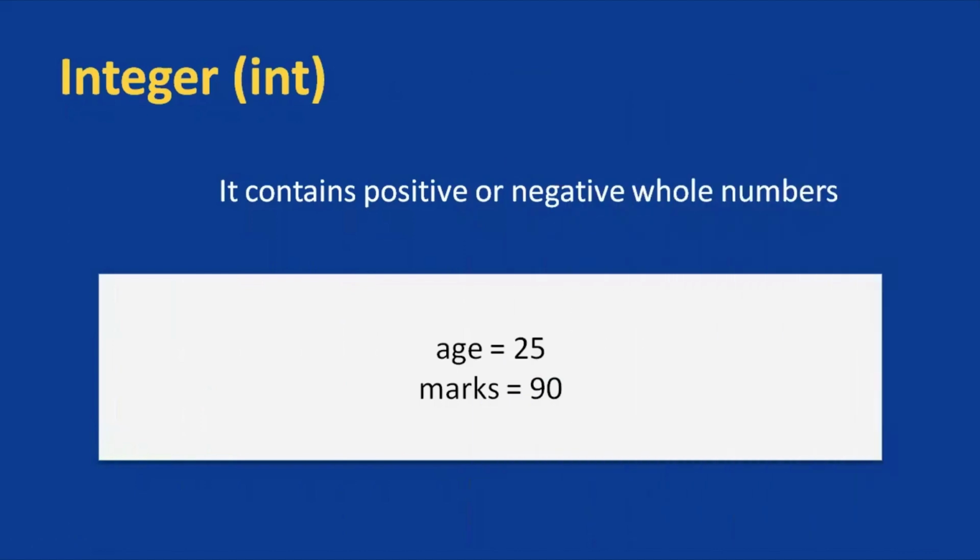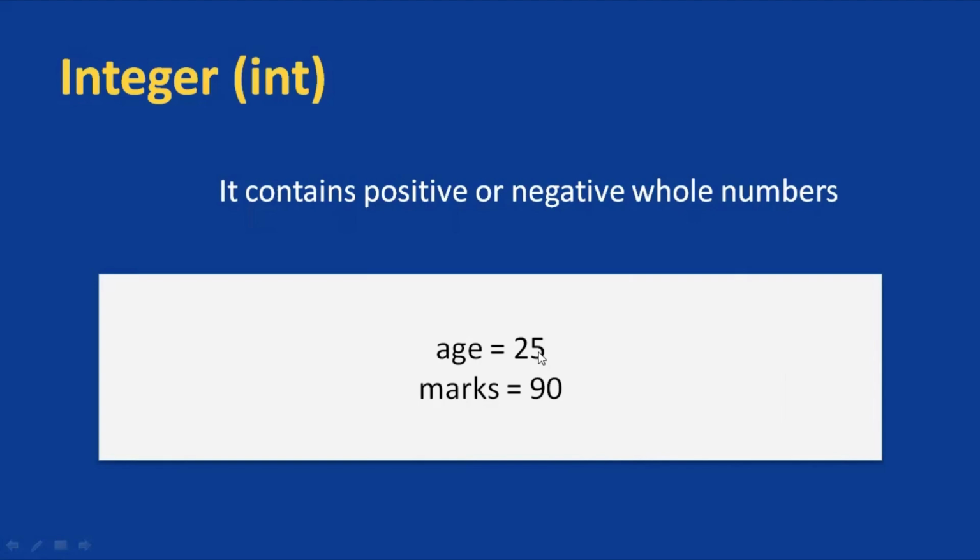In integer, a value is represented by the int class. Under the int class, these values are stored. It can contain positive or negative whole numbers without fractions or decimals. It should be a whole number. There is no limit to how long an integer value can be.